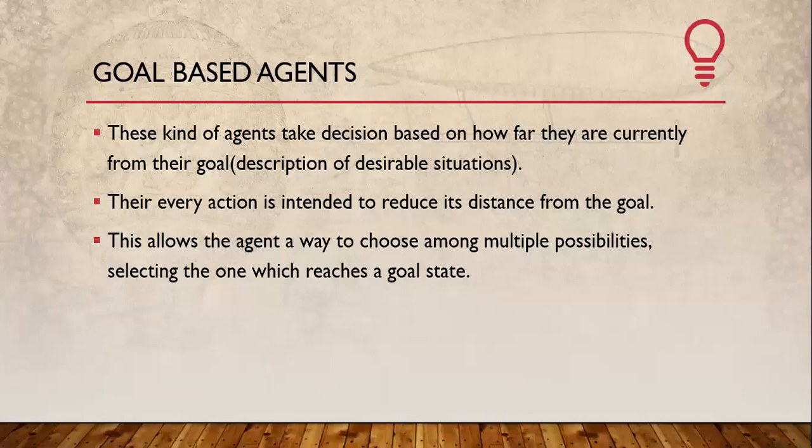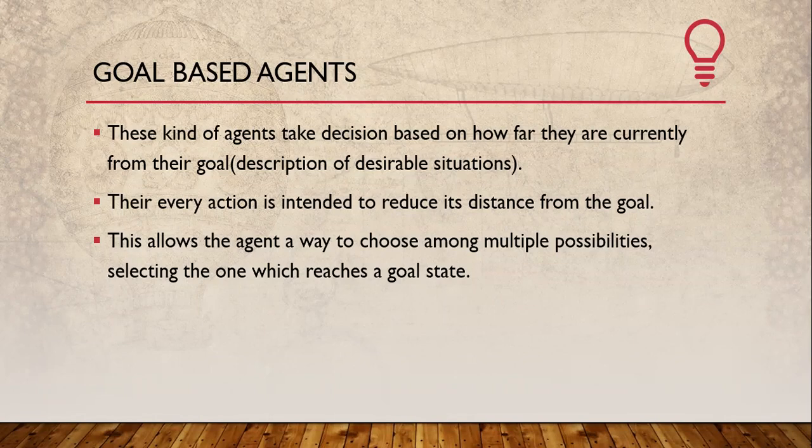So students, over here you can understand that if we talk about a model based agent or a goal based agent, they might be working in different scenarios. Let's say if it is just a model based agent, it has to do its work properly to increase its performance measure.